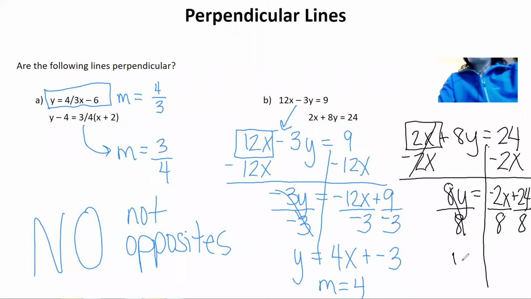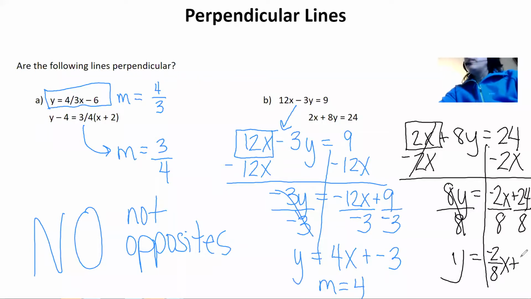So we're left with y equals negative 2x over 8, or negative 2x plus 24 divided by 8 is 3. Now, originally you might be like, no, this is negative 2/8 for your slope.